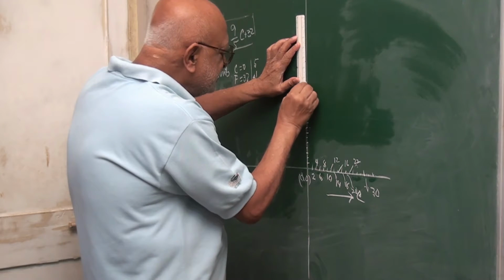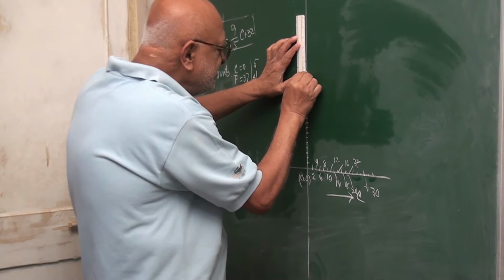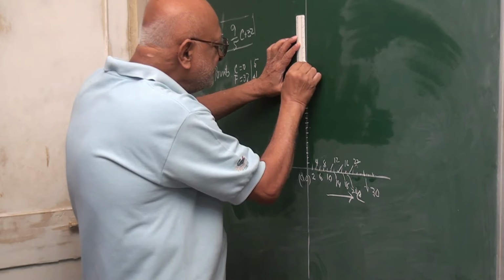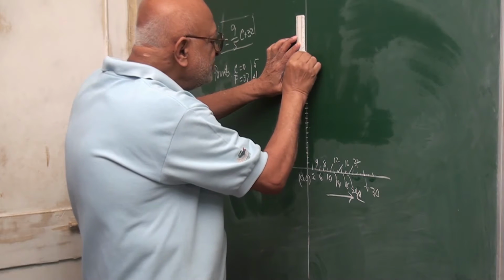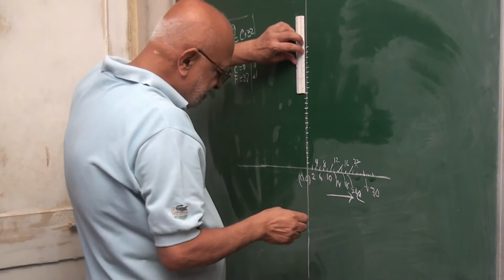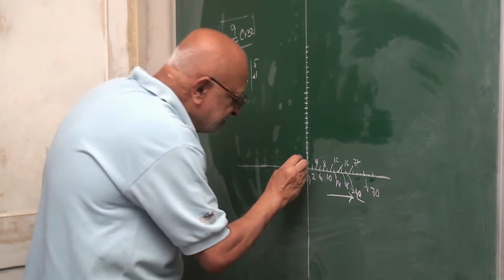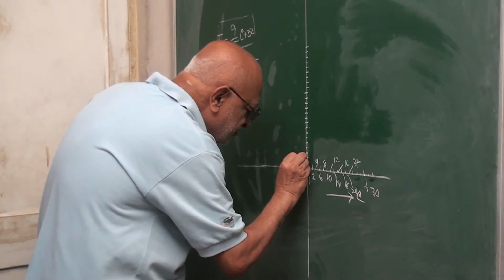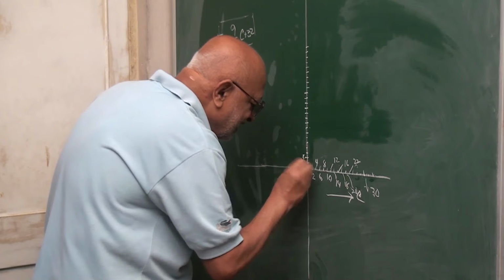Then this is 16, 17, 18, 19, 20, 21, 22, 23, 24. Okay. So we'll take 2 divisions equal to 5. So this point is 5.